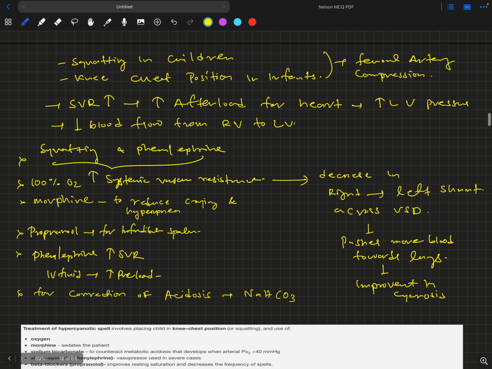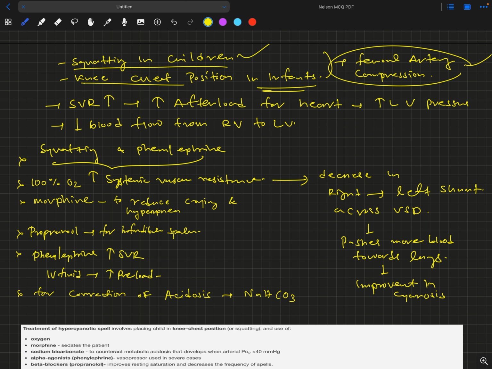So how is it managed normally? If a child is squatting, or in the knee chest position in an infant, that leads to femoral artery compression. When the femoral artery gets compressed, there will be an increase in systemic vascular resistance.